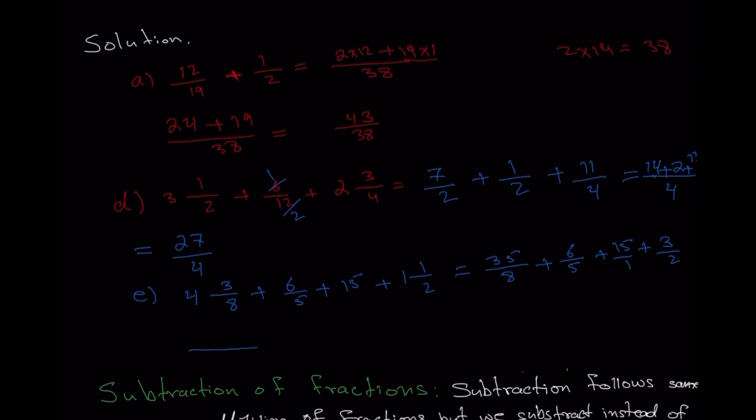Anything is divisible by 1. So the common denominator is 40. 40 divided by 8 is 5. And 5 times 35 is 175.